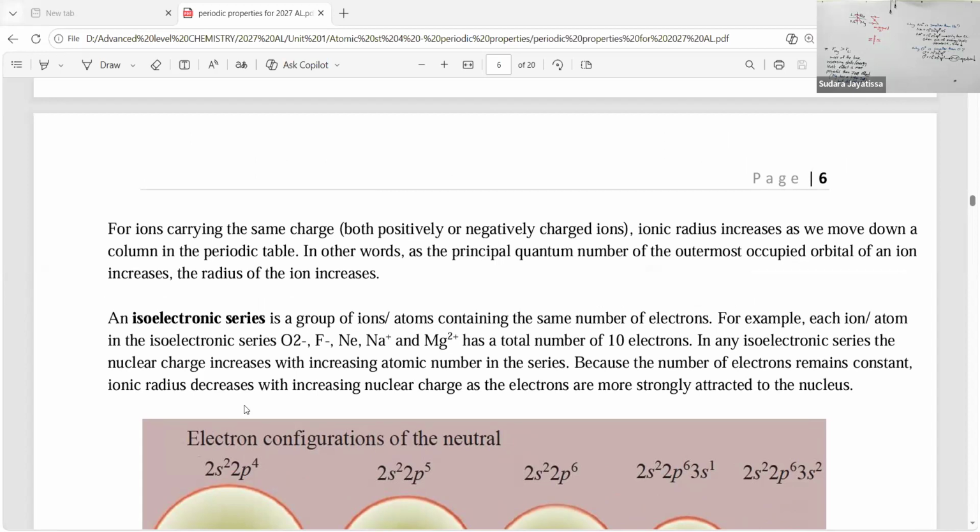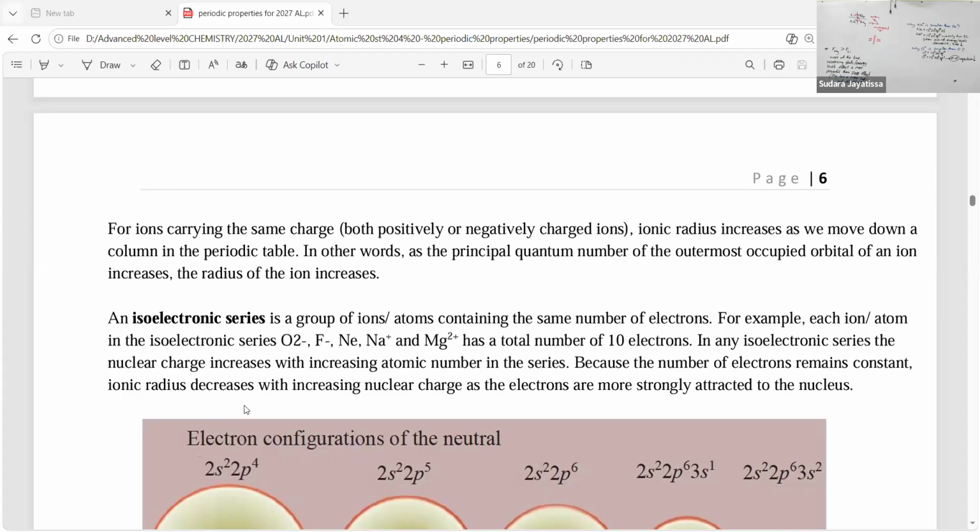That means sodium plus is larger than lithium plus. We can understand that: energy level effect. In other words, as the principal quantum number of the outermost occupied orbital of an ion increases, the radius of the ion increases.